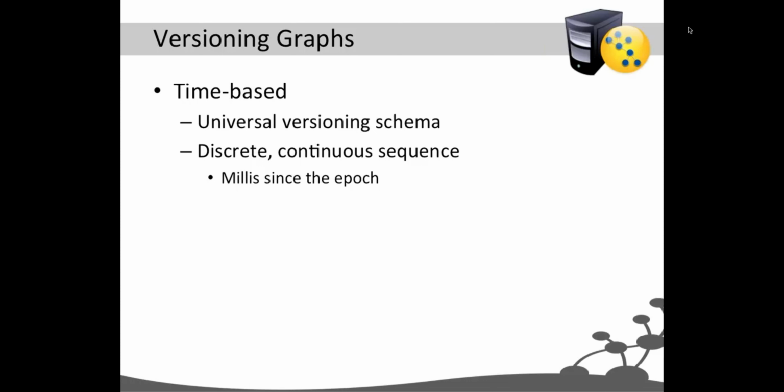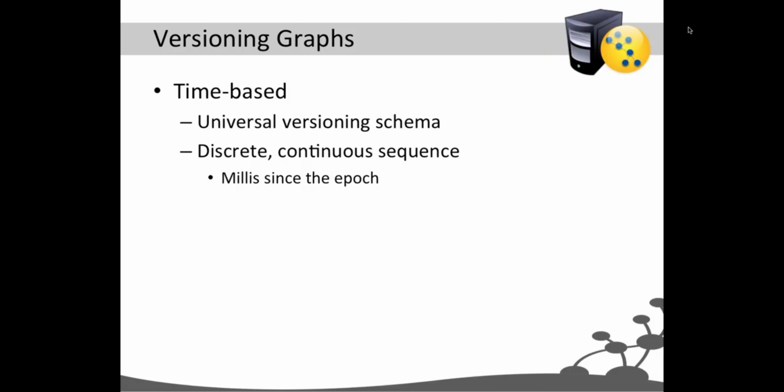The nice thing about time-based versioning is that as long as we have one component in the system that's responsible for generating our timestamps, for understanding what particular time it is now, and so on, then we have a universal versioning scheme. Doesn't matter what entities we have in our domain, the mix of those entities, the entire composition of our domain, everything has a particular state at a particular point in time.